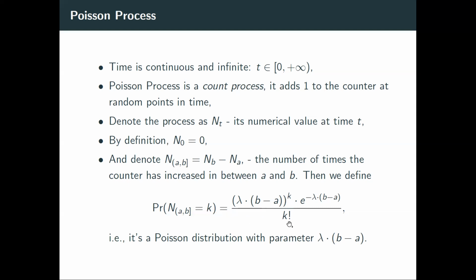You can show it because, if you look at these terms, it's exactly the Taylor series term for the exponent. And this is a constant, it doesn't depend on K. When you sum up these terms in K, you sum up the infinite Taylor series for the exponent, and when you multiply by the exponent with this minus power, you get 1. So it's indeed a probability function.